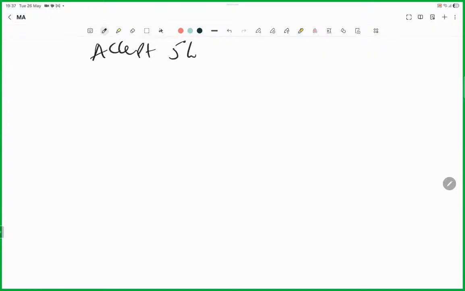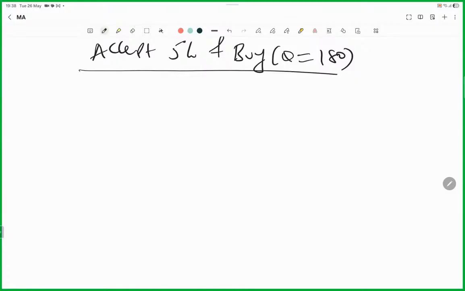Accept 5%. And buy how many? Buy 180. Buy Q of 180.